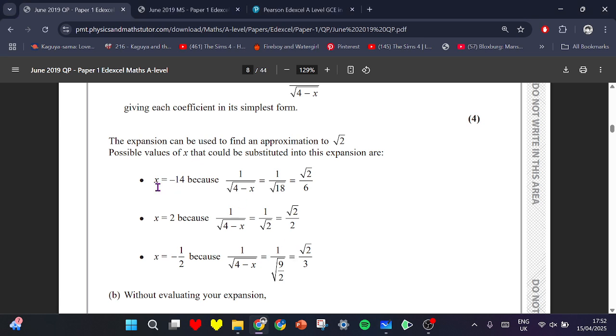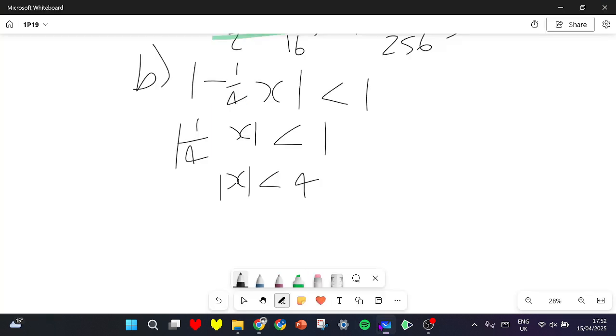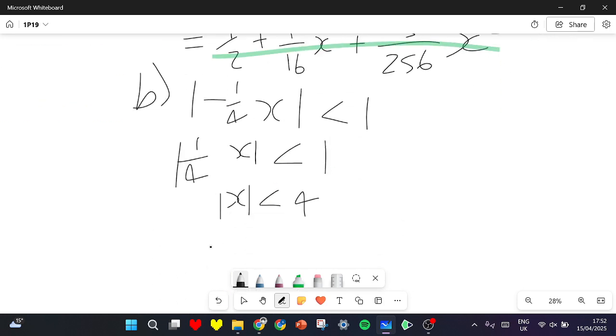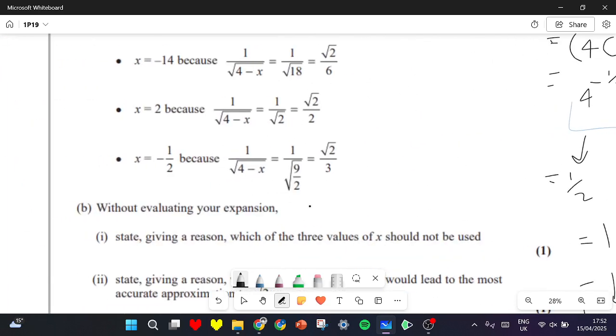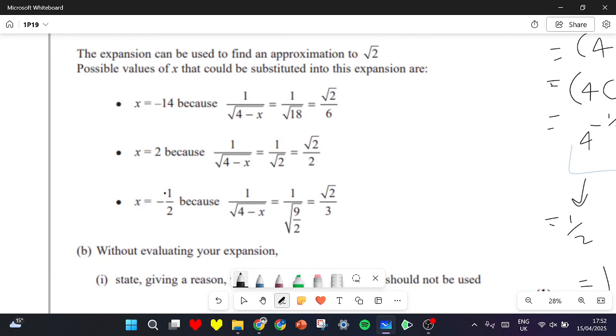So they used x is minus 14, x is 2, and x is minus a half. So if you compare all of the x values they used to x having to be less than 4, the modulus of a half is less than 4, so that's fine. 2 is less than 4, so that's fine. But the modulus of minus 14 is 14, which is more than 4, right? So this one's not okay.